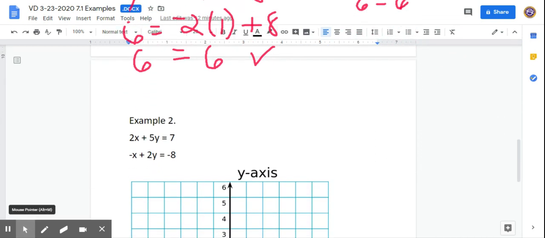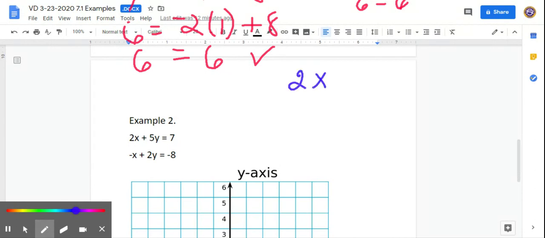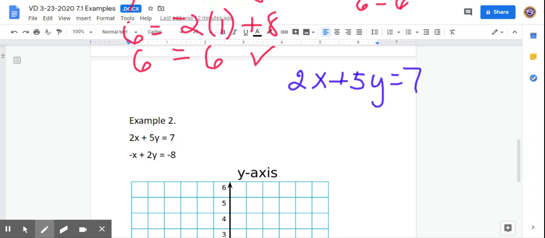Second example, same thing. Every time, y equals mx plus b, okay? So we're going to take 2x plus 5y equals 7, and we're going to solve it for y.